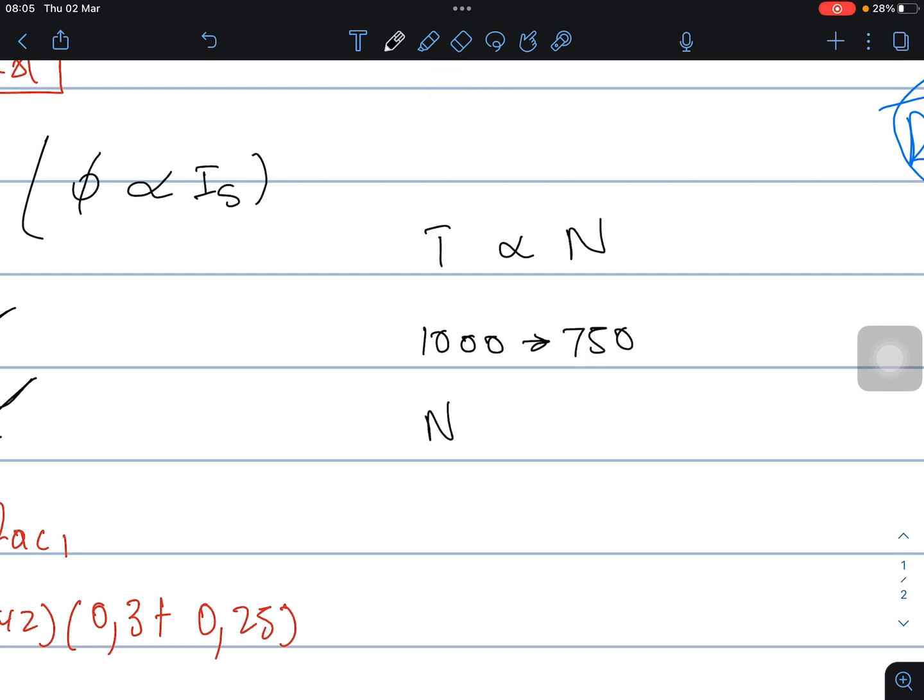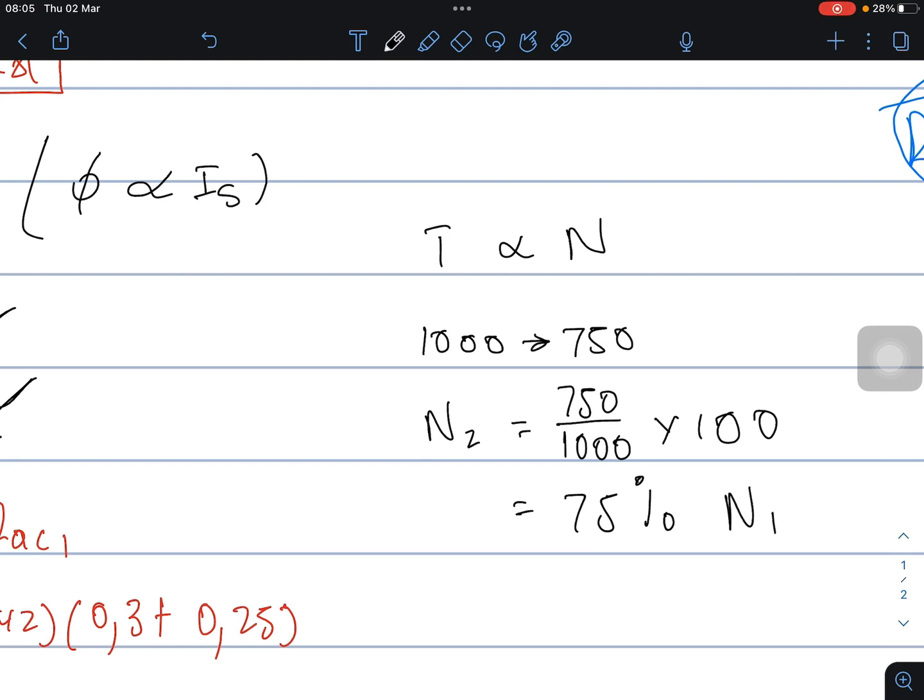If you want to calculate it, you say 750 over 1000 times 100. You will see that the speed is 75% compared to N1.